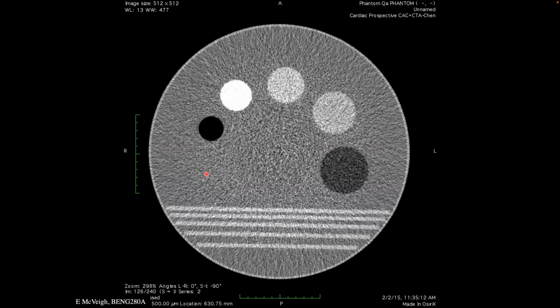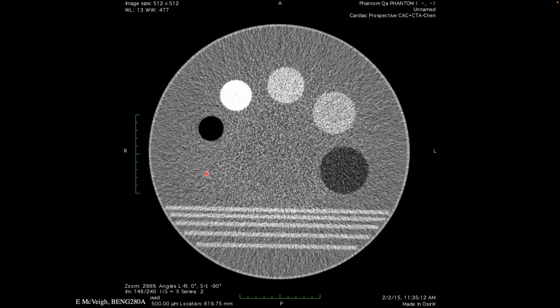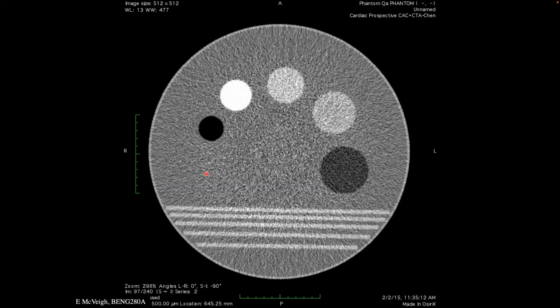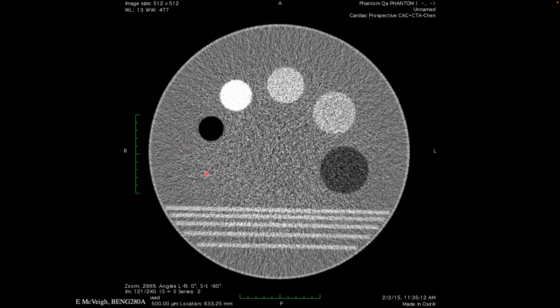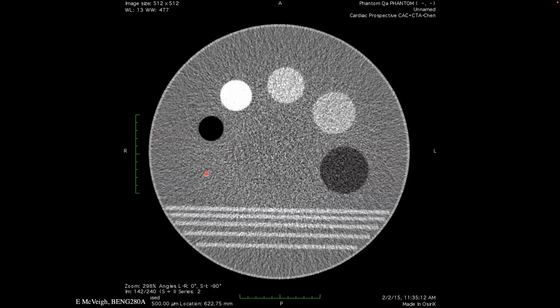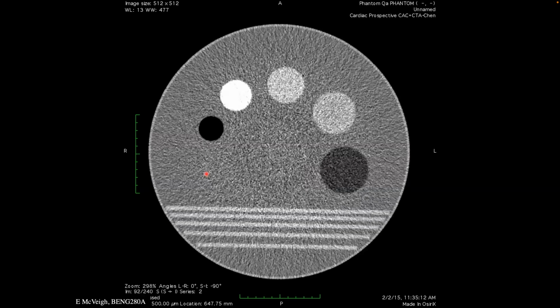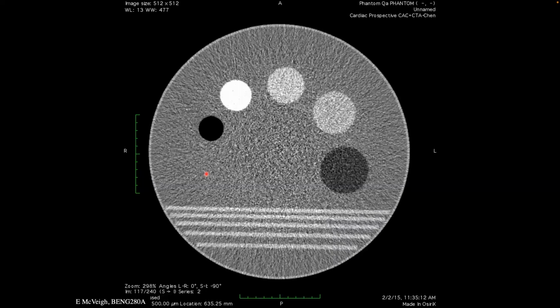So there could be other things happening here. For example, maybe the edge is just slightly moving across the field. It doesn't look like it is, but that could be one thing that's happening.